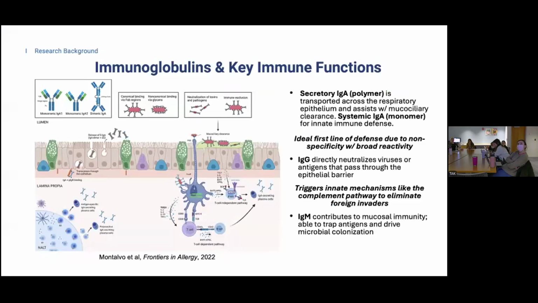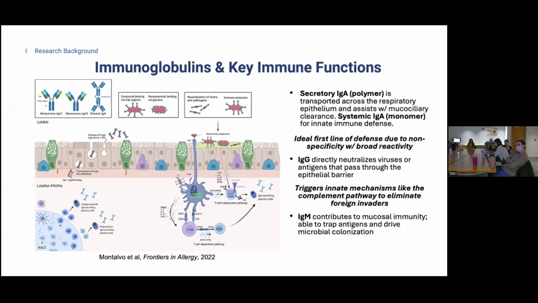I wanted to review immunoglobulins and where they come from and their key functions. So this image here is the respiratory epithelium. The way to think about this is mother's body first. And I wanted to focus on IgAs here. If you turn your attention to here, the way that IgAs are created, we have a dendritic cell and an antigen is exposed to the dendritic cell. And we have two pathways, either T cell dependent versus T cell independent.